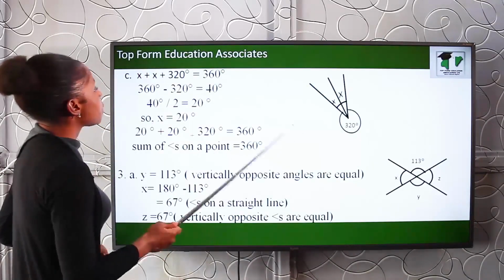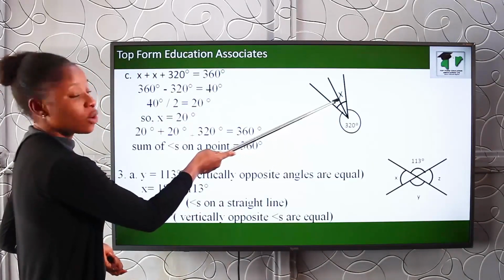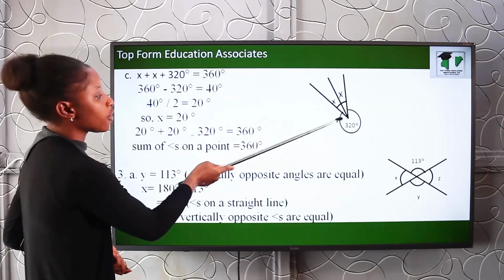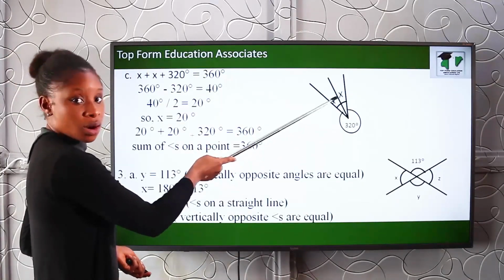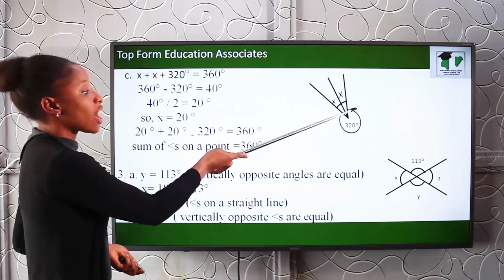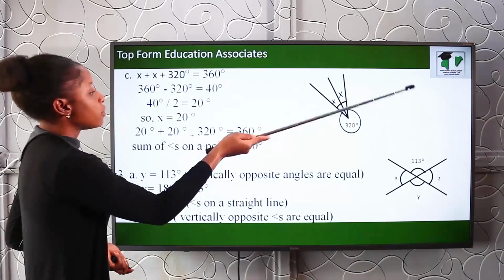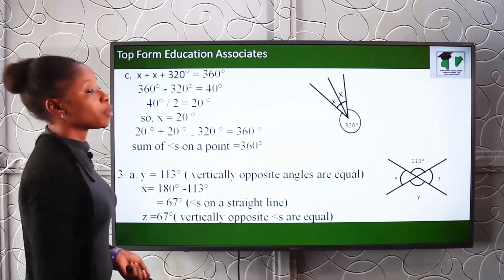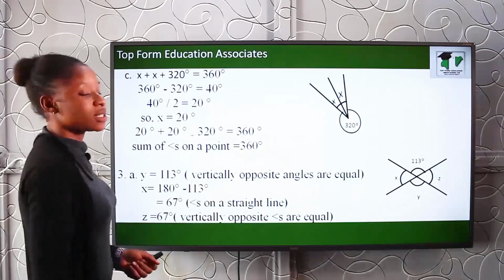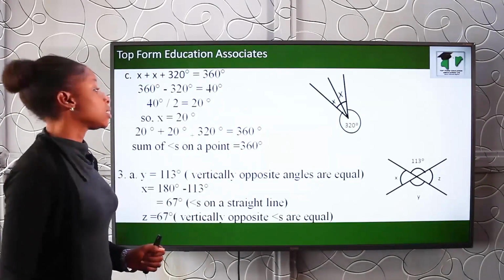Now, the C part says we should find the value of x and x in this diagram. If you look very carefully, you see that all the angles are at a point. They have a single intersection point, a common vertex, meaning these are angles at a point. And from study, we've seen that the angles at a point sum to 360 degrees.